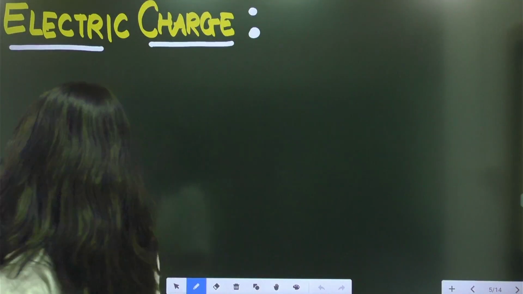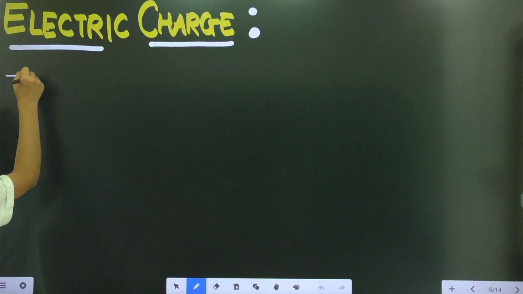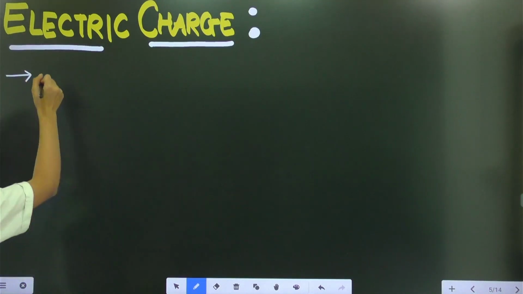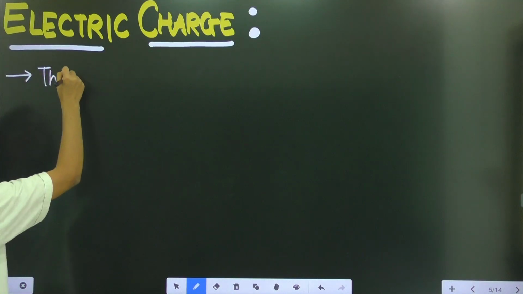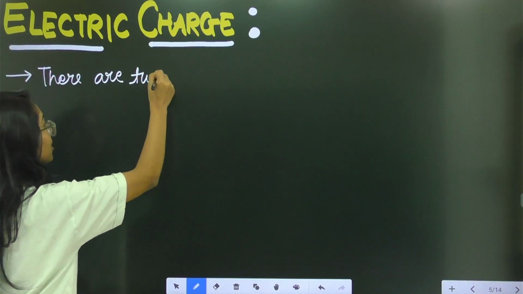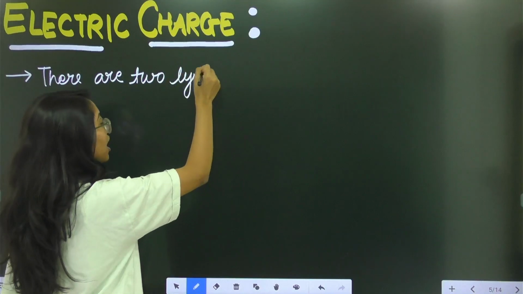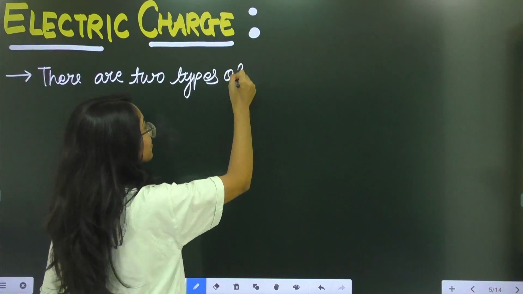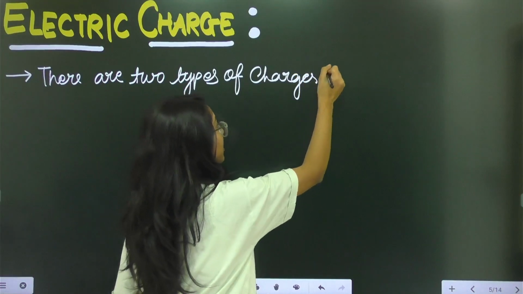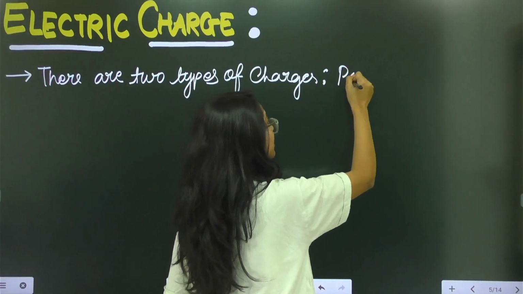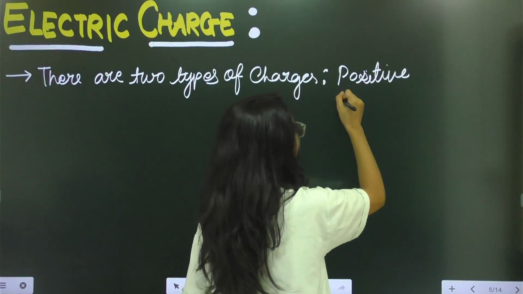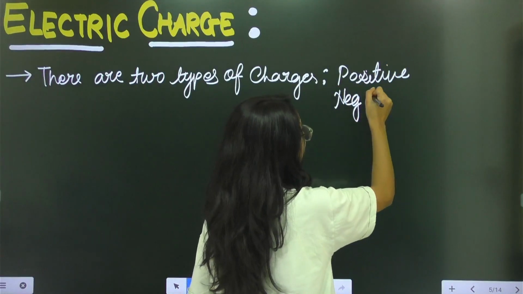Okay, so as I told you, there are two types of charges: positive charge and negative charge. Okay, we'll write it, there are two types of charges, which is positive and negative.